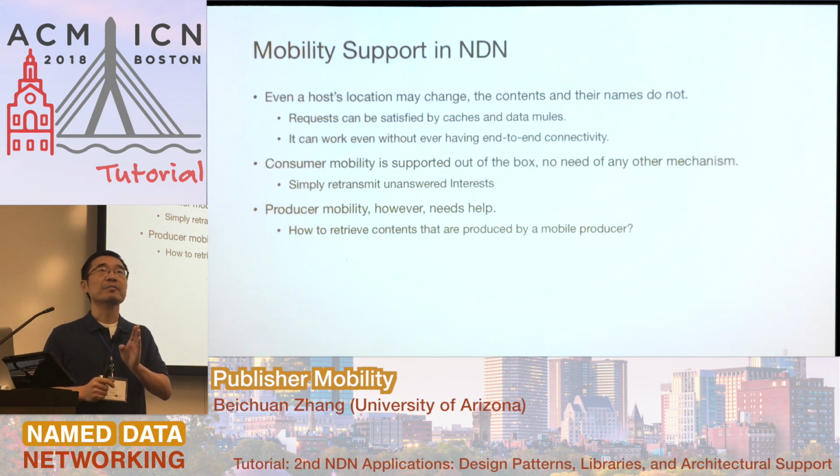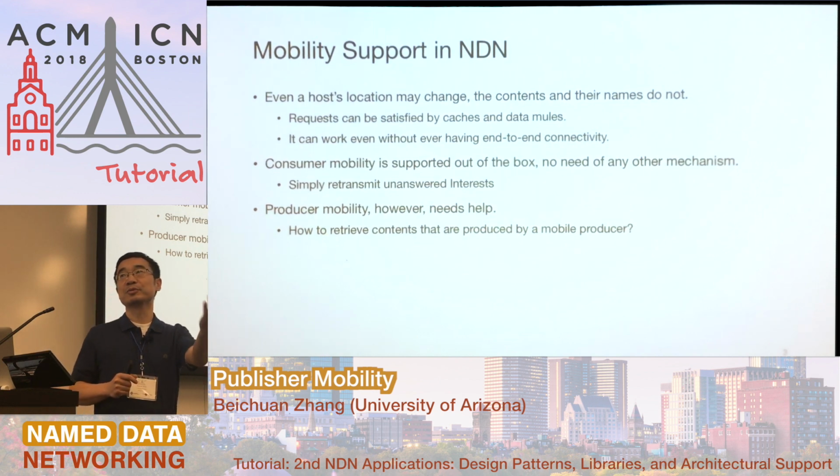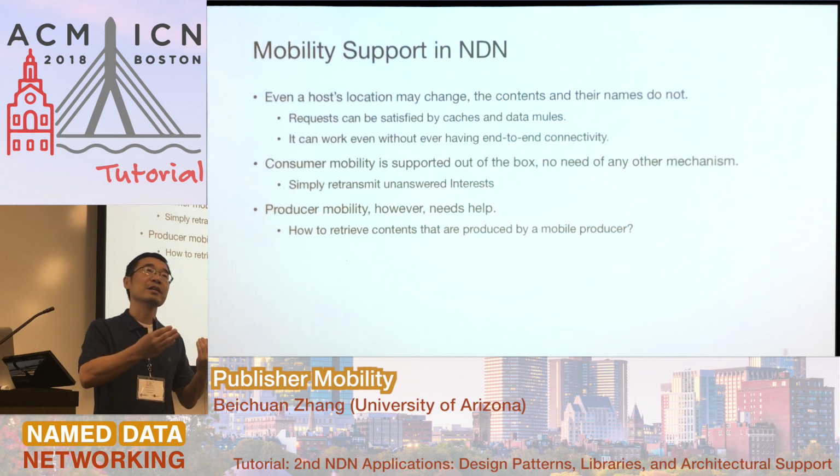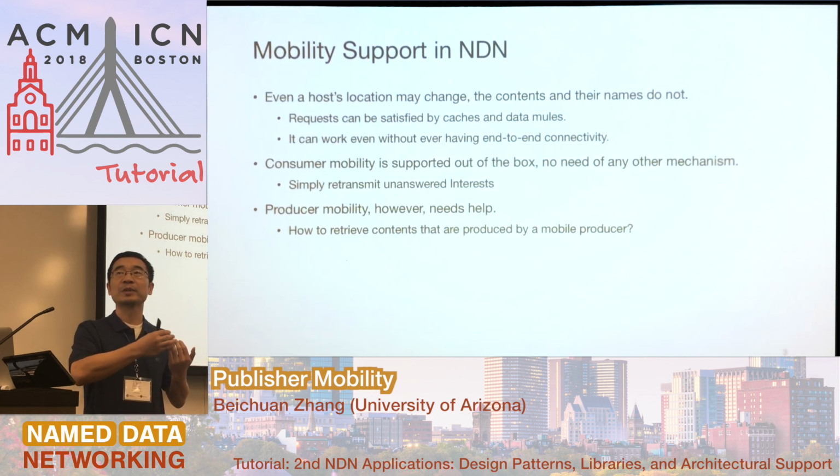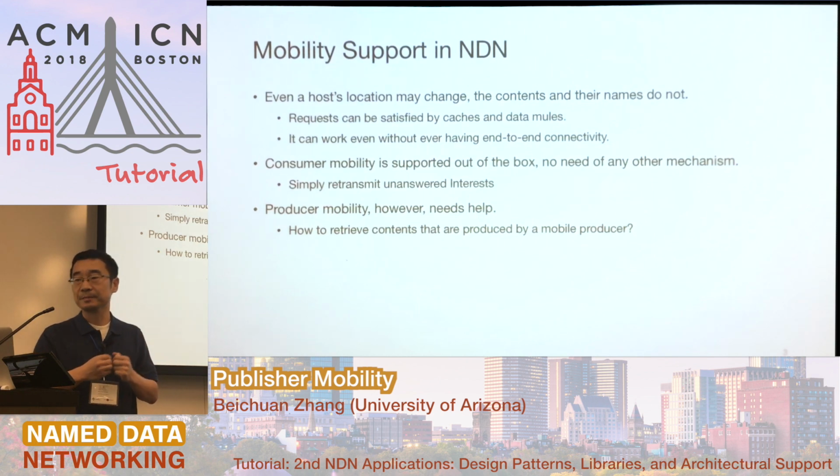The interest may go all the way to the producer and get data back, or it may hit a cache in the middle, because the first interest retrieves data, but the consumer moves to a different location, then the second interest may hit the previous copies brought down by the first interest.